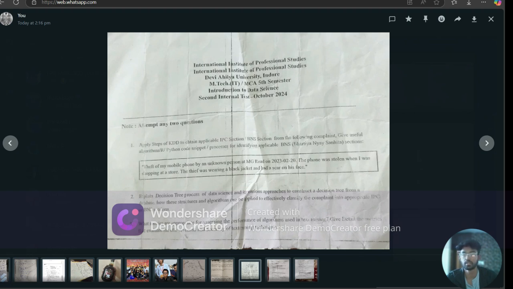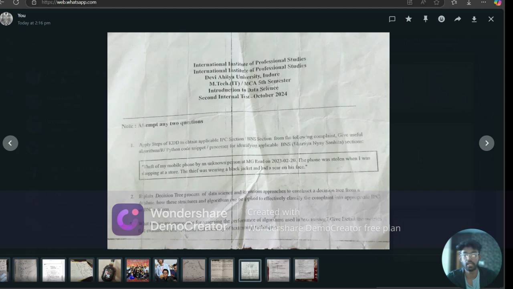Now, approaches to construct a decision tree. First is CART, known as classification and regression tree, using Gini index as the splitting criterion and supporting both classification and regression tasks. ID3, known as Iterative Dichotomiser 3, uses entropy as the splitting criterion and is suitable for classification tasks.